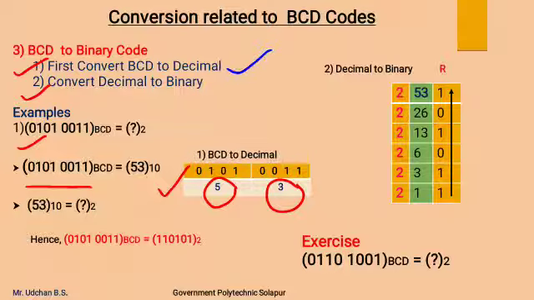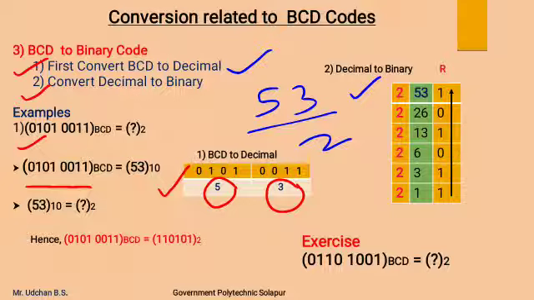Now to get binary, divide the decimal number 53 by 2. This we have already studied, how a decimal number is converted into the binary, and the conversion is shown in this table.